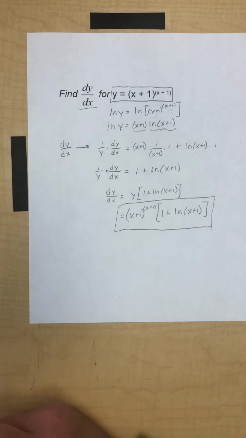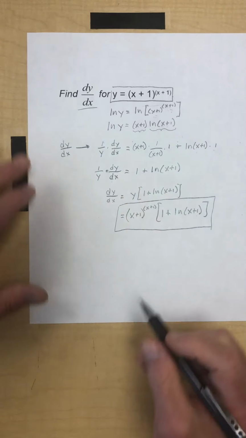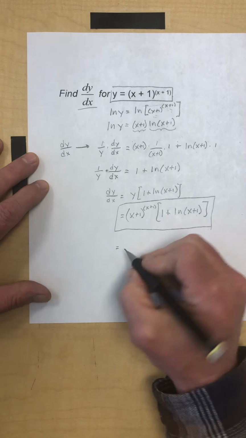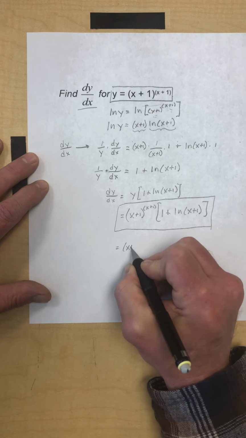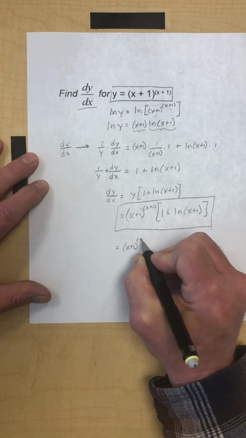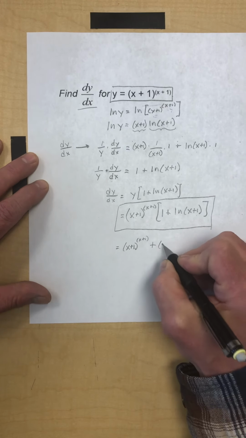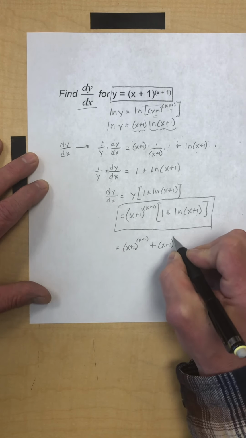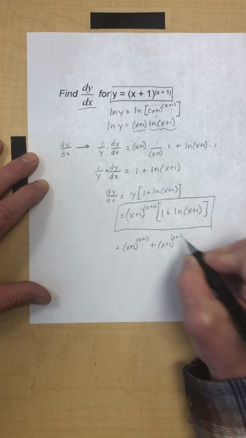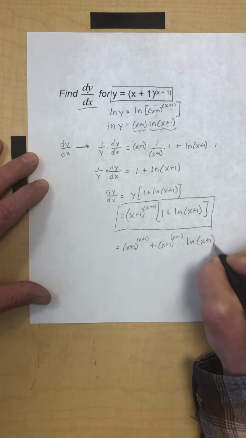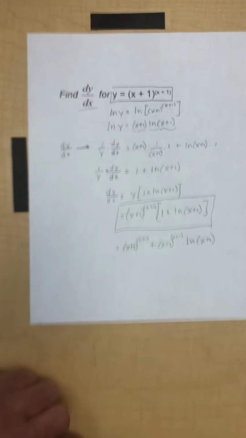I'm looking at it and I'm thinking the only other thing you could possibly do is just distribute this guy. So if you wanted to do that, okay, we could write our answer as x plus 1 to the x plus 1 power plus x plus 1 to the x plus 1 power times the natural log of x plus 1. So we could go this route if we wanted to.